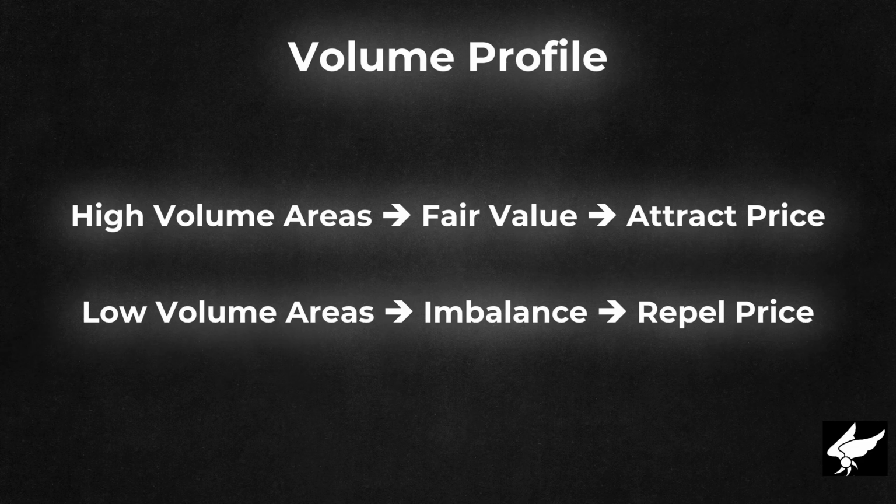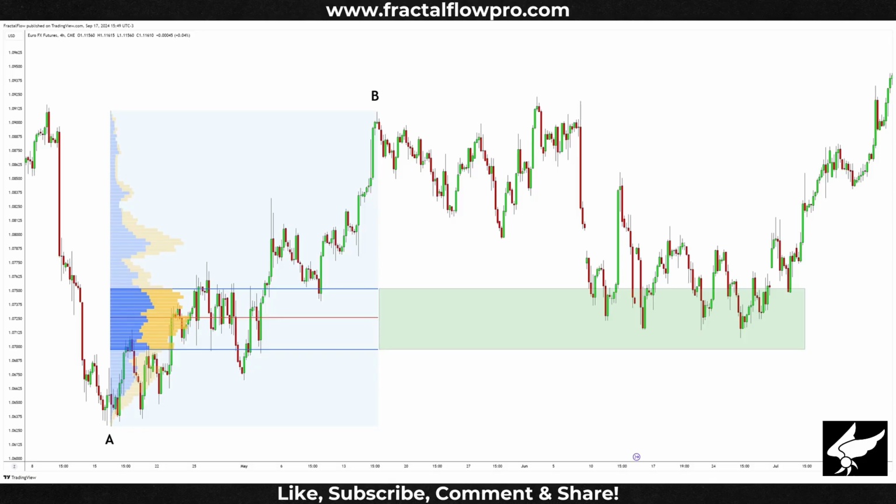For example, in this chart you can see that I plotted the volume profile in the upward price movement from A to B. The idea here is to understand where in this trend was the fair value area, which is highlighted by the space between blue lines. Price comes back to this fair value area later on and resumes direction to the upside. From this example, it's clear that the areas of fair value are relative to where we plot the profile.